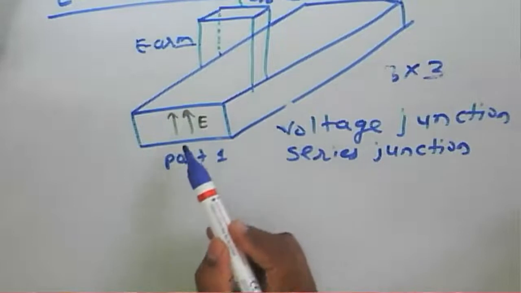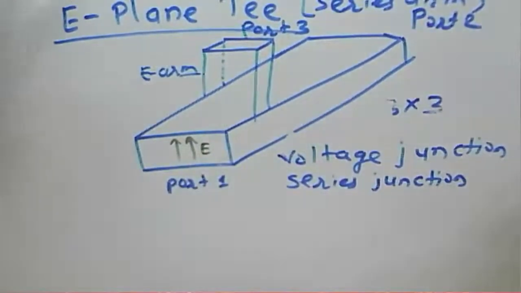The main waveguide is port one and port two, and then another port is there.